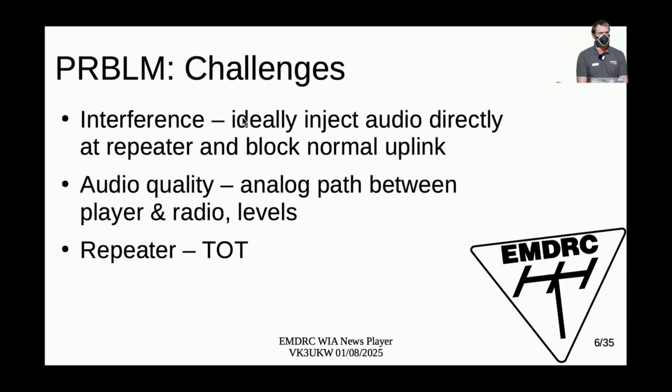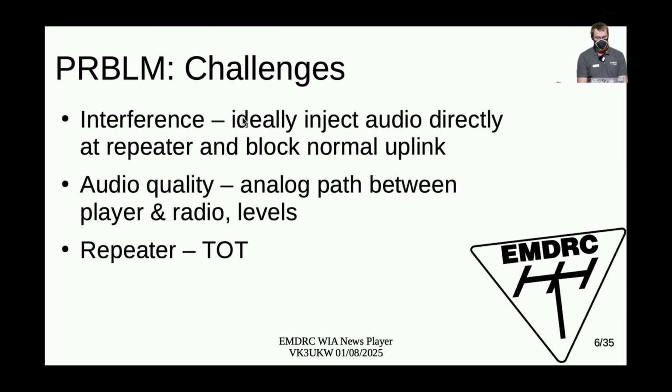Now, there are obviously a few challenges with that. One is interference. Ideally, you'd want to put the audio in directly at the repeater and block the normal repeater uplink. The same goes for the nets after the broadcast. There's always callback and net after the broadcast, and that's a very nice target for people who want to interfere with the repeater operation, because they'll have an audience then.